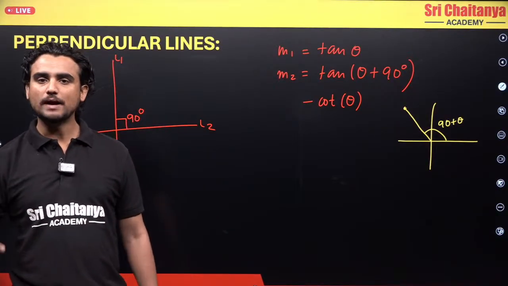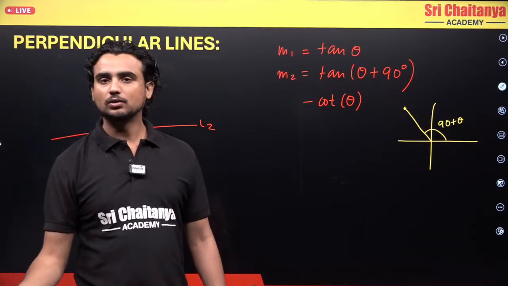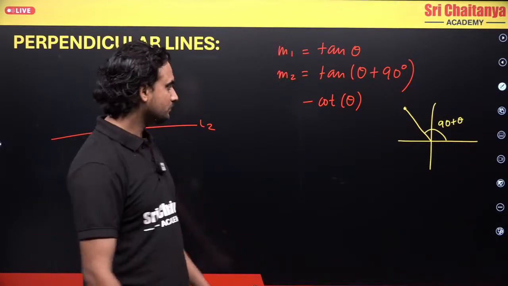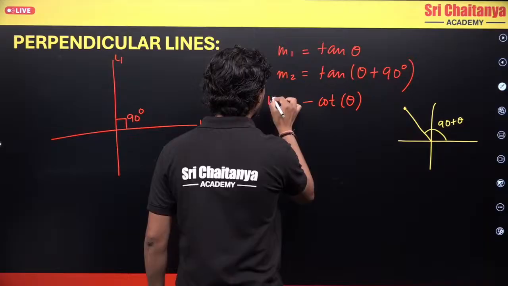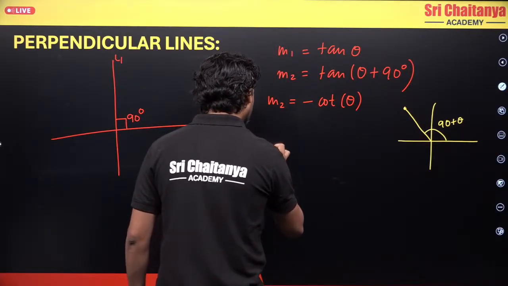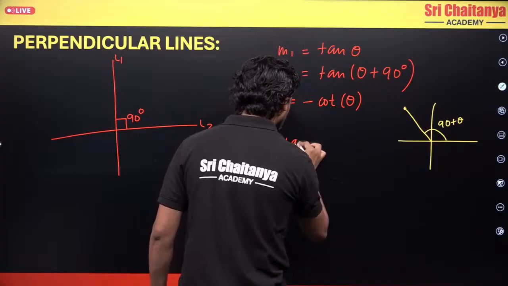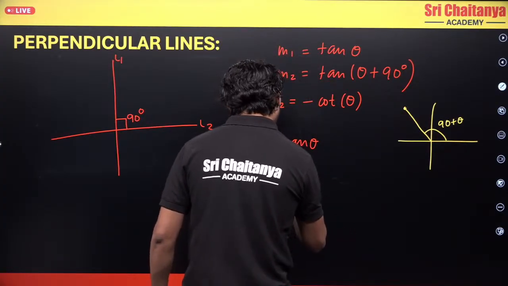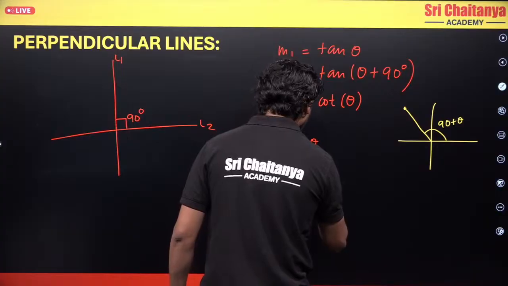Please go back to the trigonometry part, 4th lecture, and you will get this concept. So I have m1, which is equal to tan theta, and m2 is equal to minus cot theta.